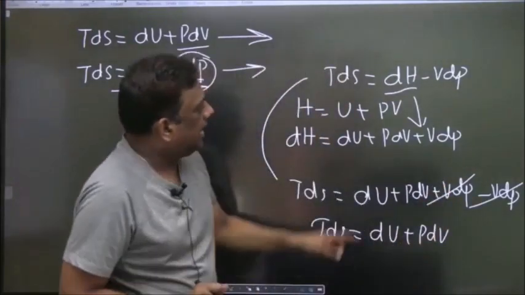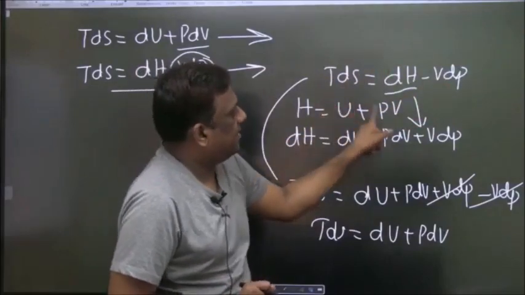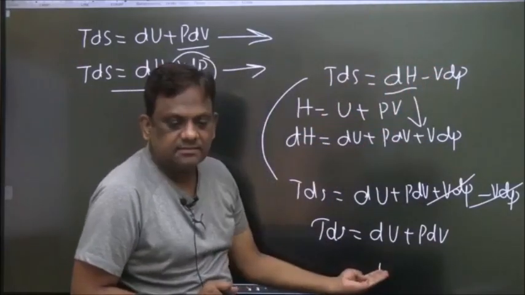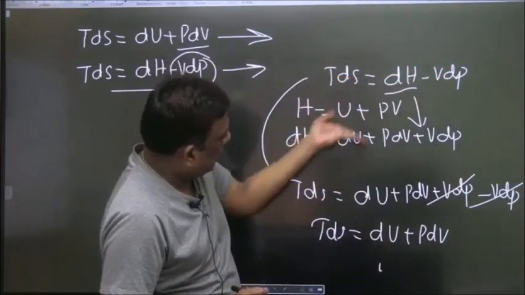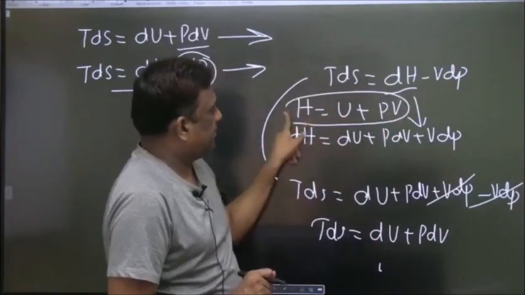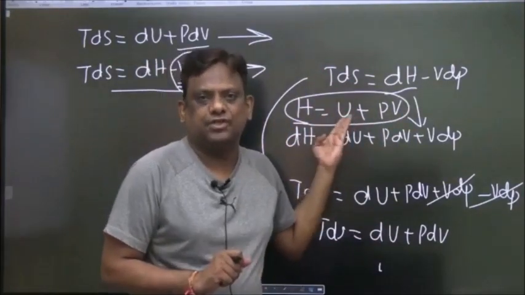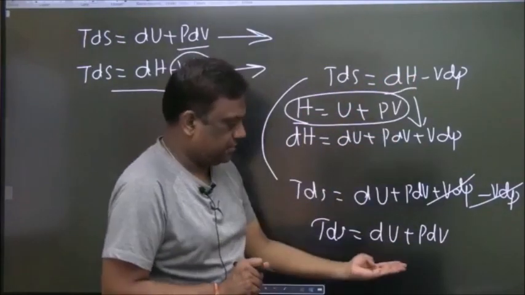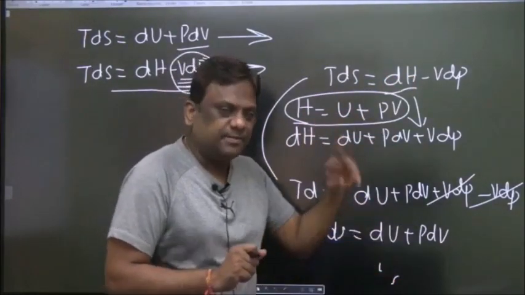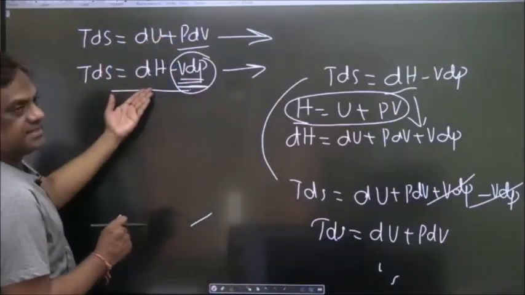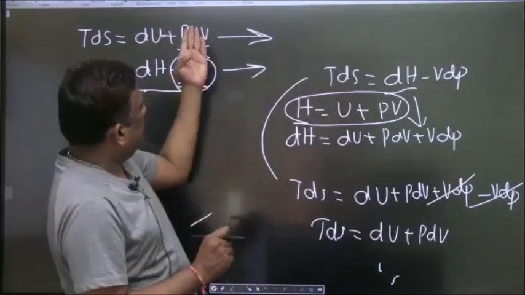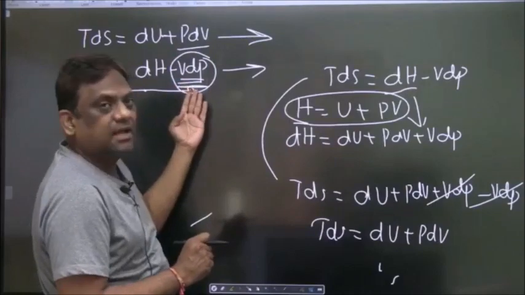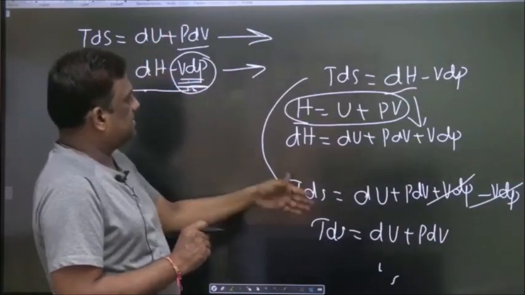If this were applicable only for open system, then how did I get this? This enthalpy equation is the generalized equation, which is applicable for open as well as closed system. If this is applicable for open system, this should also be applicable for closed system. Similarly, from this equation, I can get this equation. From this I can get this, from this I can get this.